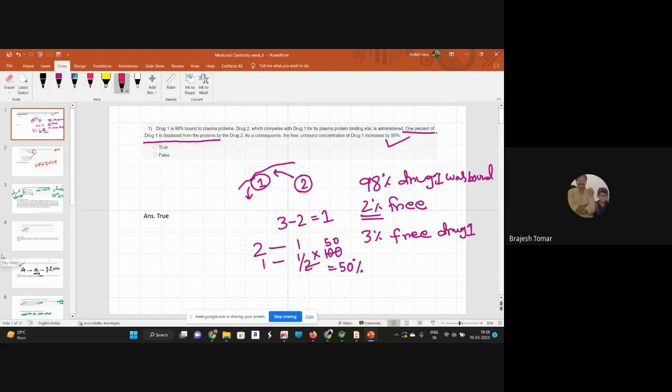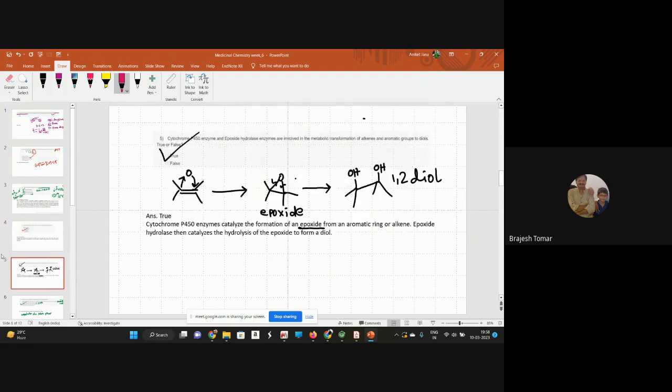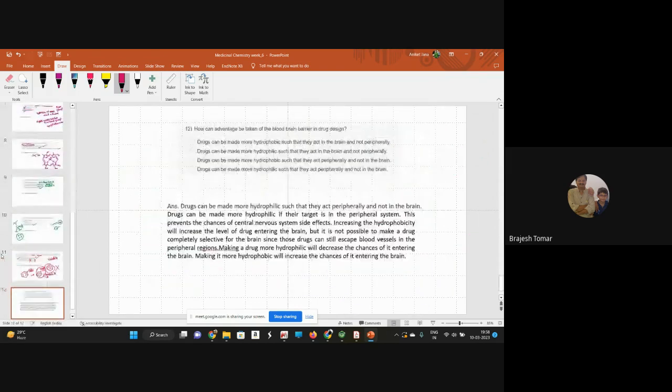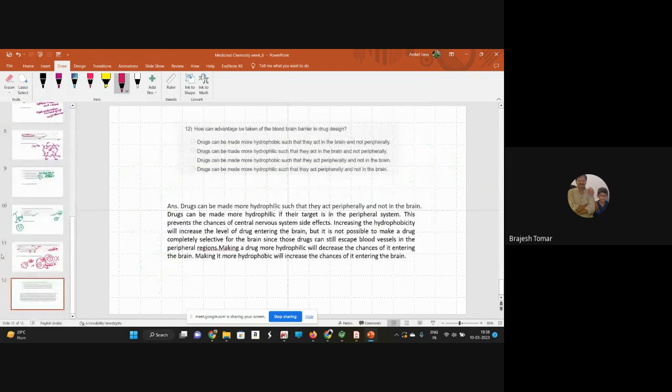Sir, in the 12th question, option 1: drugs can be made more hydrophobic such that they can act in the brain, not in the periphery. It can also be true. You are saying that option A can be the answer, right?